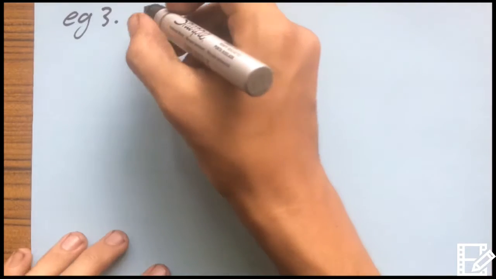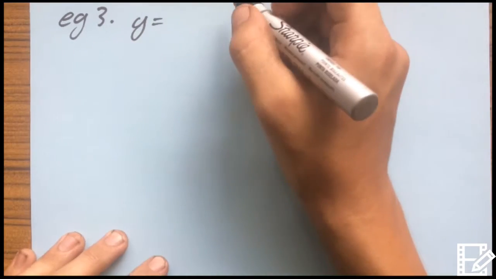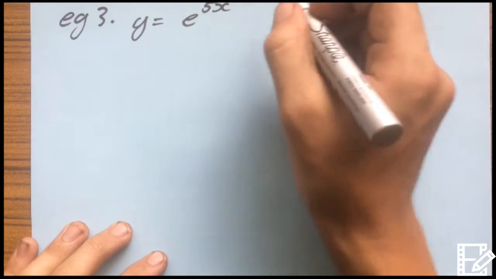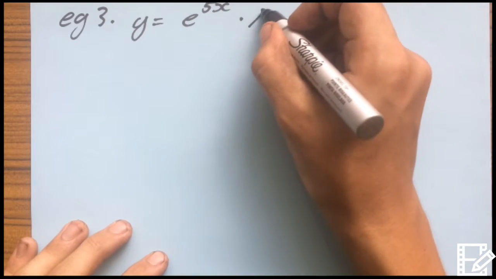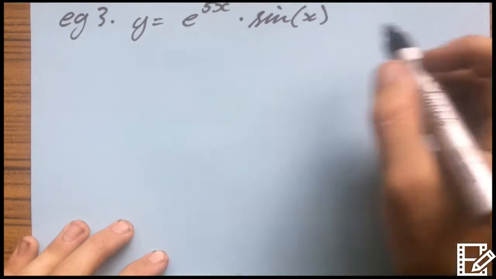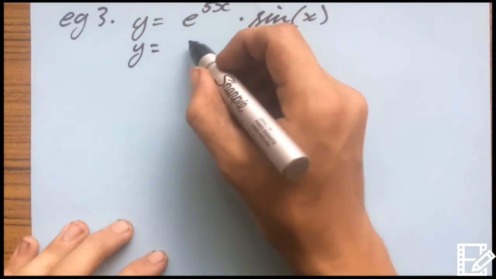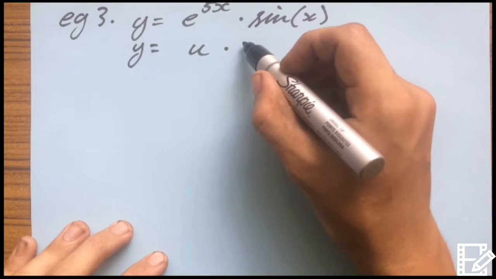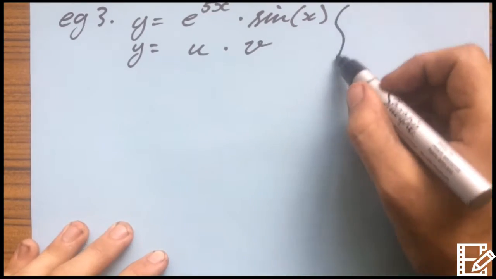So, let's say y equals e to the power of 5x multiplied by sine x. Just like before, we have a function e to the power of 5x multiplied by another function sine x.